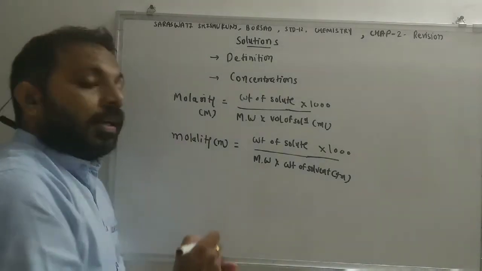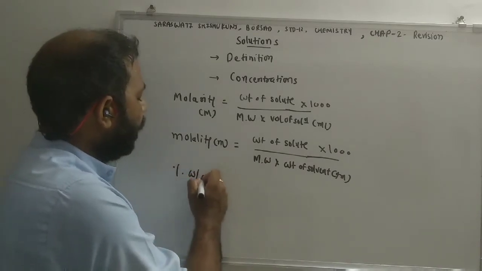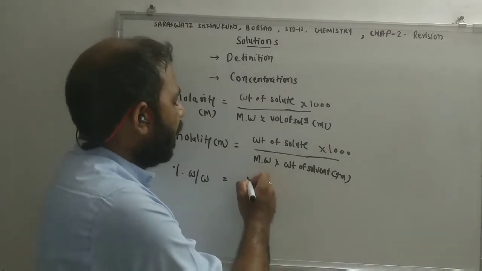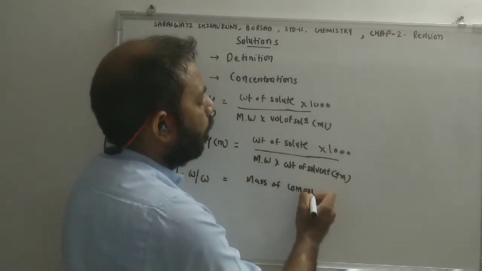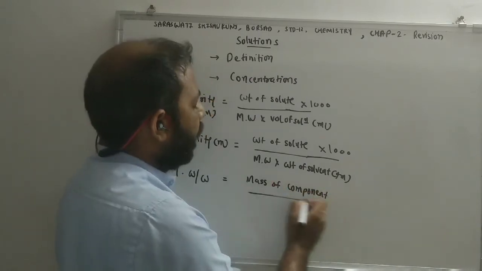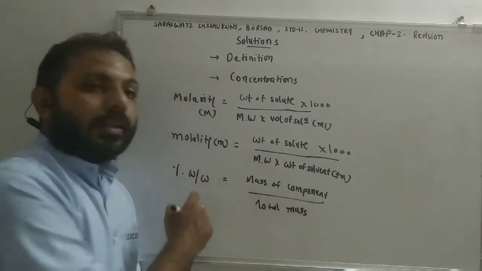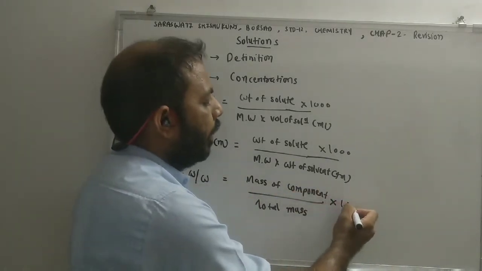Okay. Next formula is percentage weight by weight. So percentage means mass of component divided by total mass, and this is percentage, so you need to multiply it with 100.